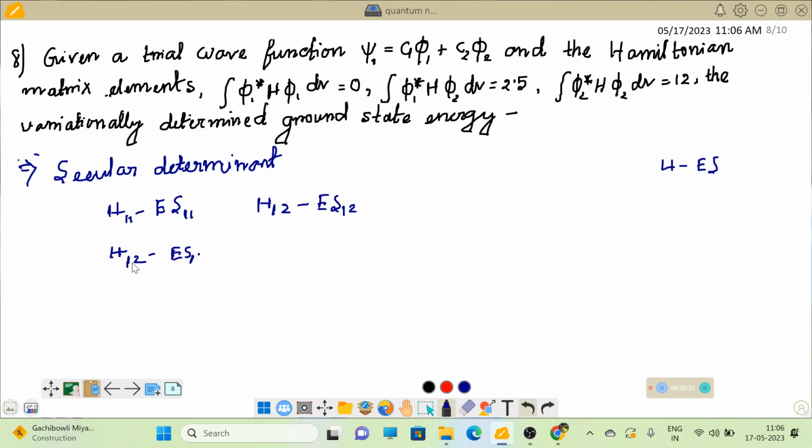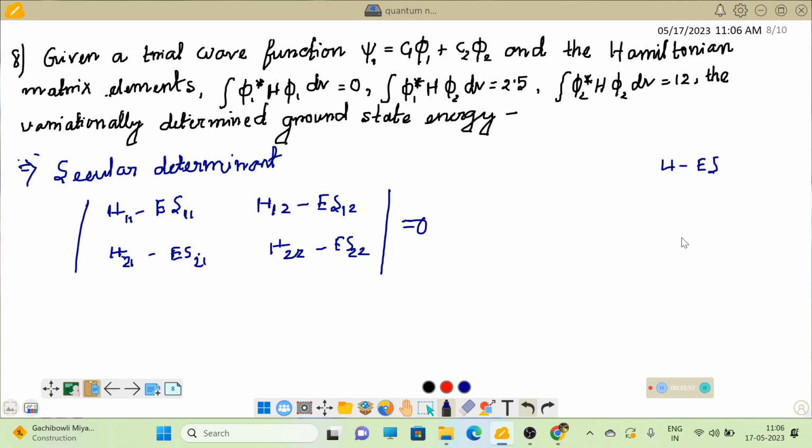Sorry, this is 21, H22 minus E S22. This has to be 0.